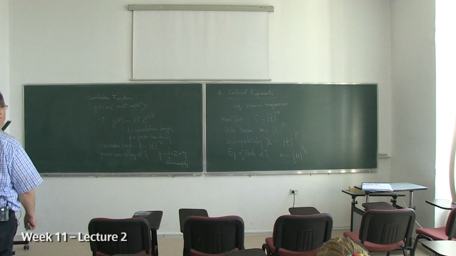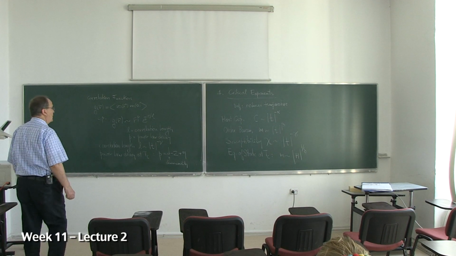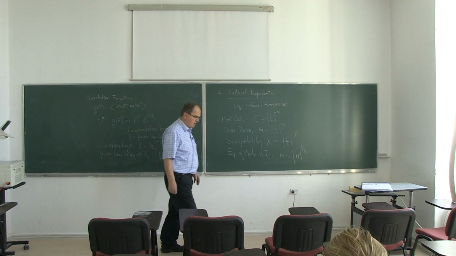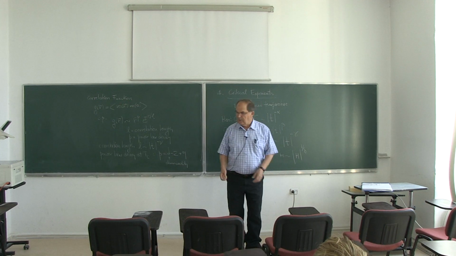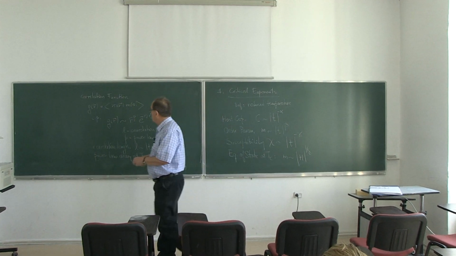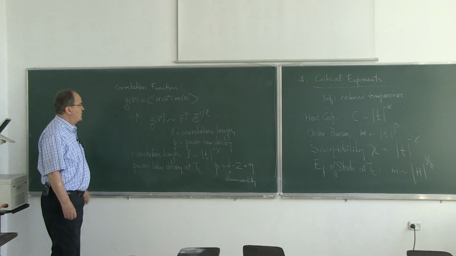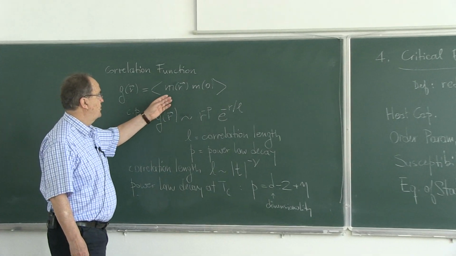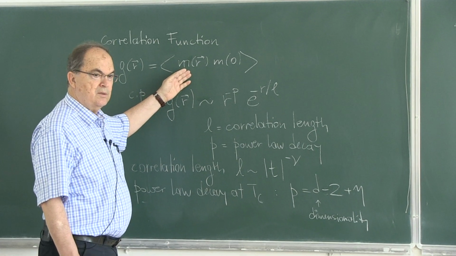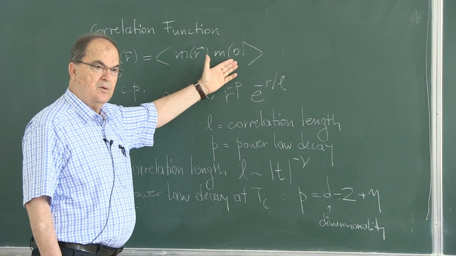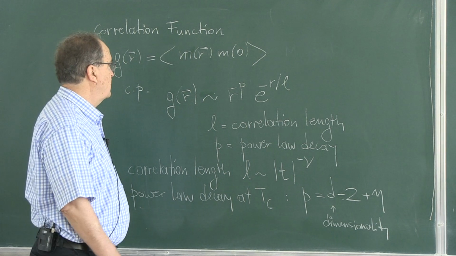Let's continue with the other two critical exponents. Remember, there is the correlation function. This is, for example, the magnetization density at R correlated with the magnetization at 0, at the origin.